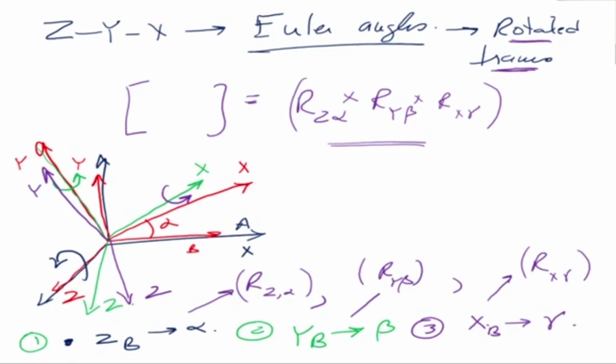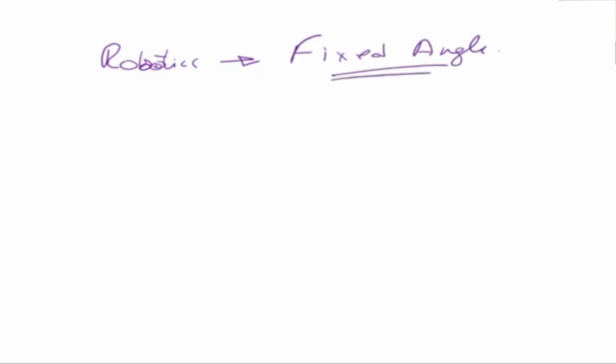So in robotics, when we are putting our frames and rotating, we will be using the fixed angle kind of rotation. Okay, fixed angle rotations, which will mean that you need to pre-multiply. Please note that.